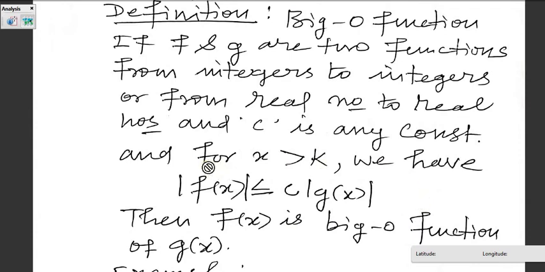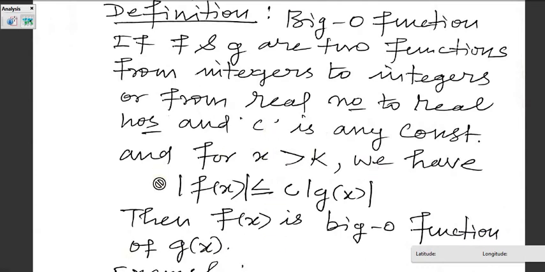If we have this condition satisfied for this f and g, for this k, for this c, then f of x is a big O function of g of x.